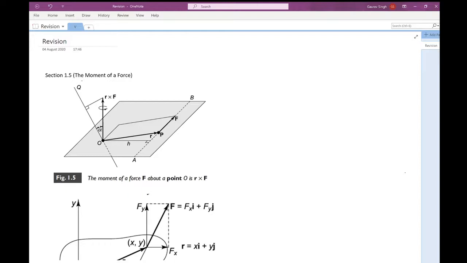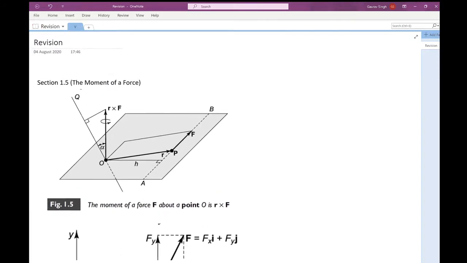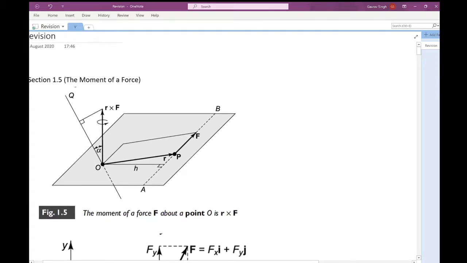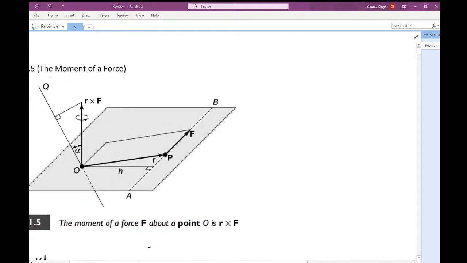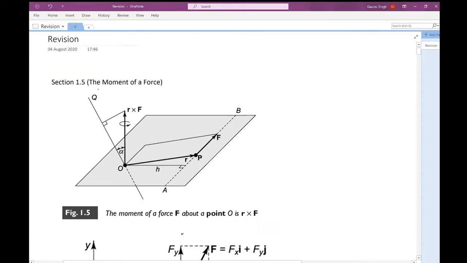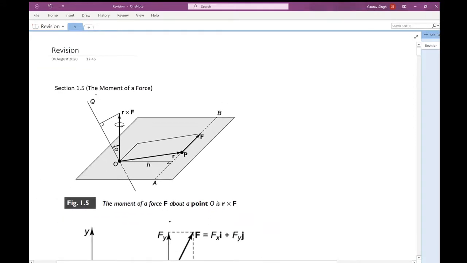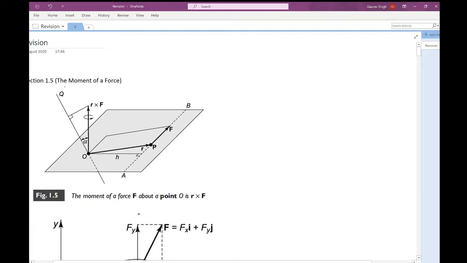This concept is called the moment of a force, and you have a figure which you can see on the screen right now. Let me zoom in on this. Yes, I can. In this figure, let F be a force.